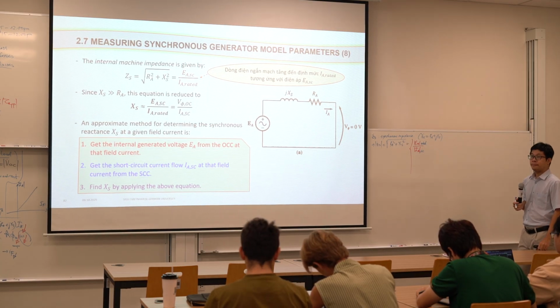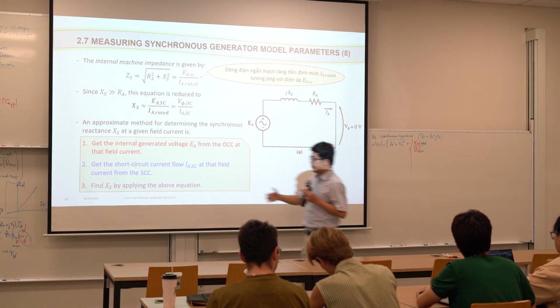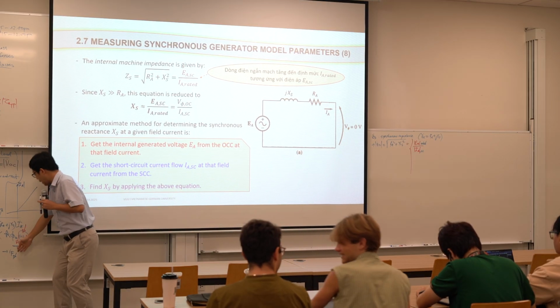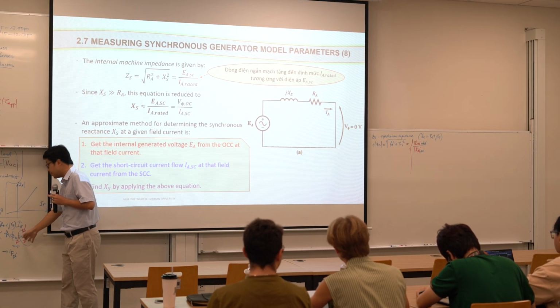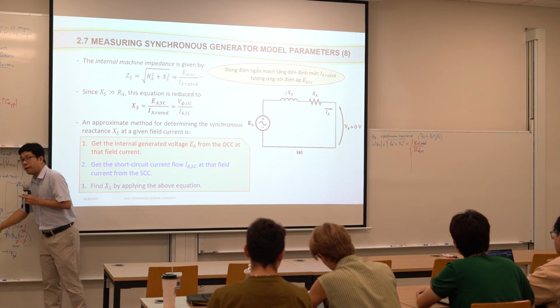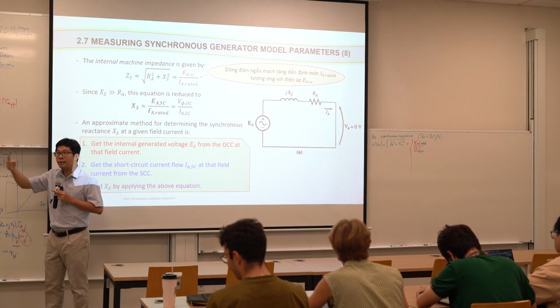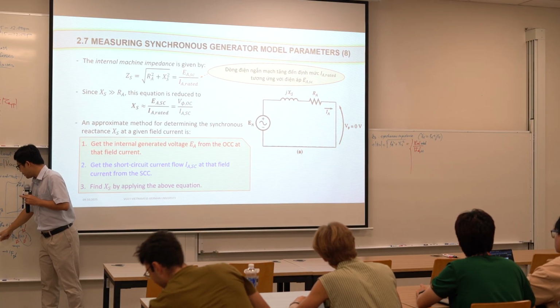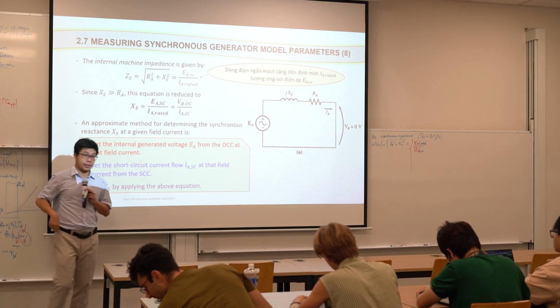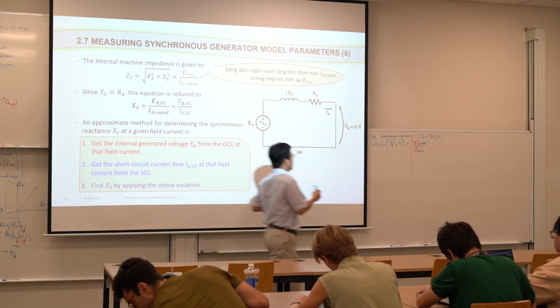That means we keep IF, we keep the speed. So EA now is at rated parameters. If EA is at rated parameters, IA is the short circuit current.